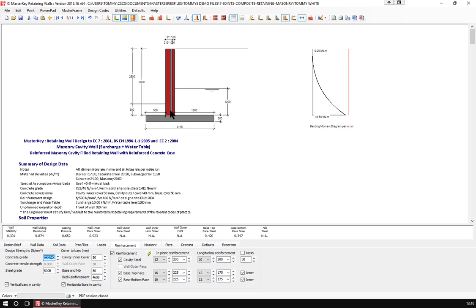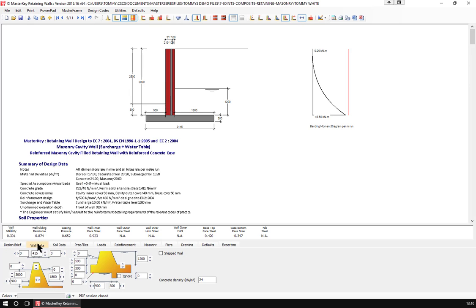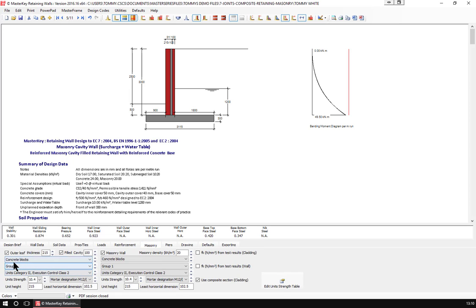Now with the cavity reinforced wall, what you have to remember is that your block is your compression, so you want to increase the strength of your compression blocks up to something, say 17 Newton or 22 Newton, because that is your compression zone.